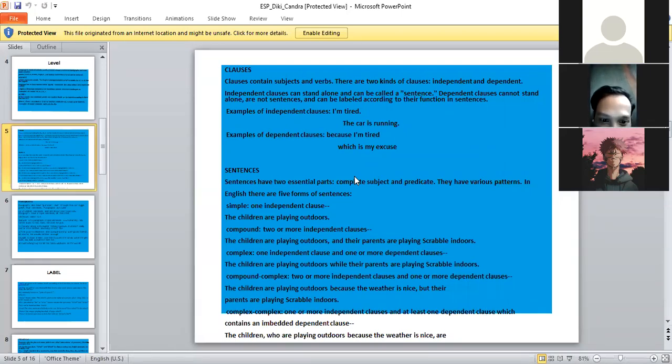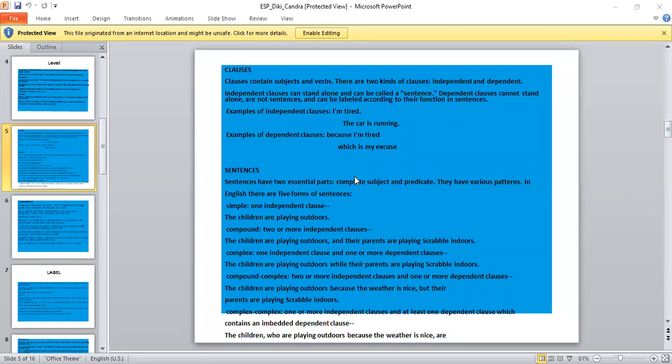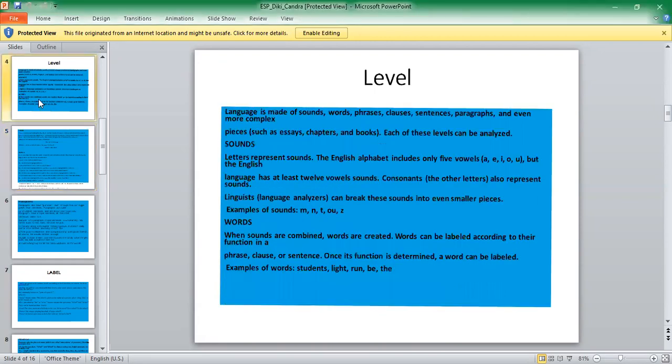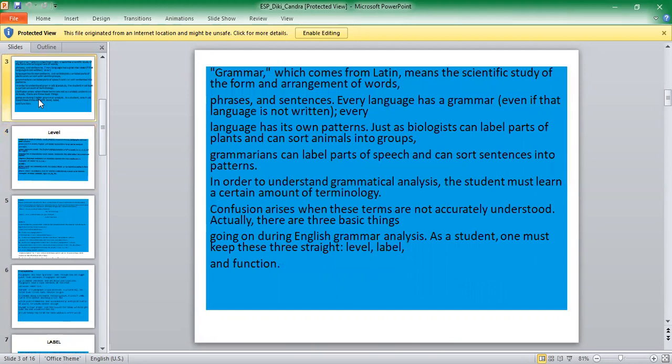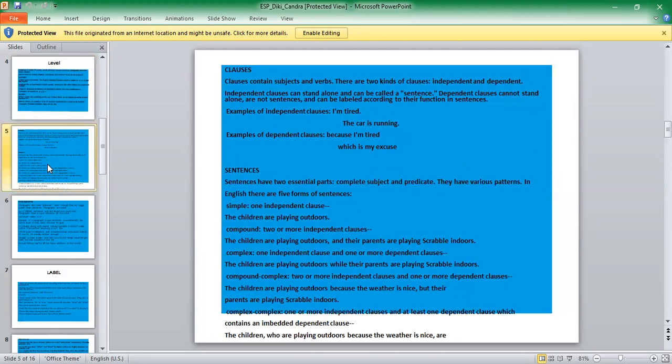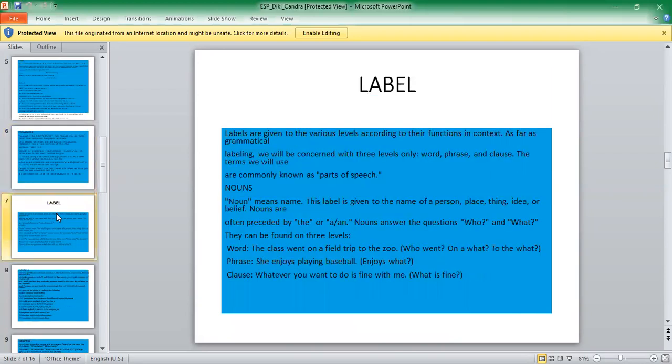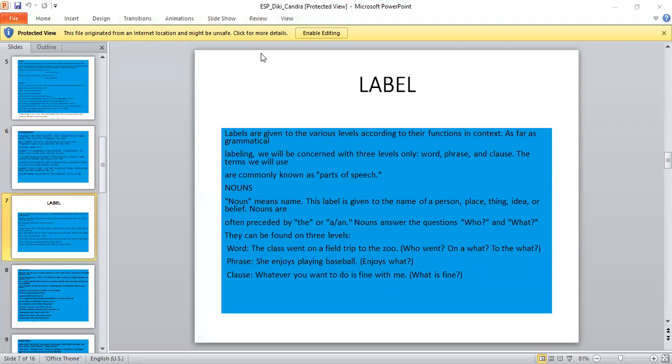Sentence and phrase, yes. Okay. The difference between sentence and phrase.